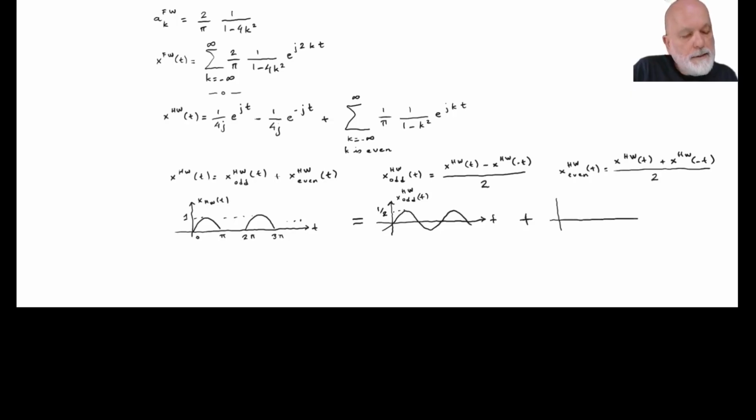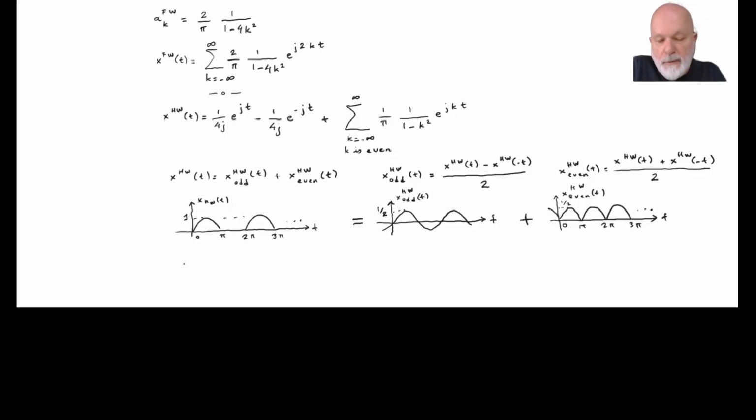The even part is simply 1 over 2 times the full wave rectified sine signal. So again, this amplitude here is 1 over 2.